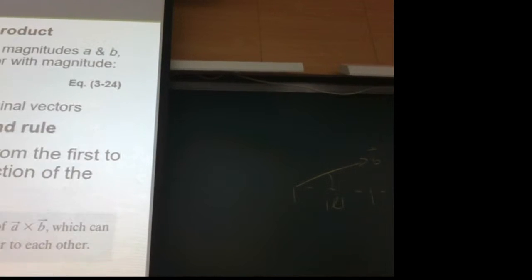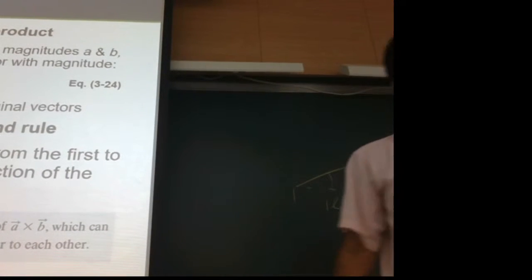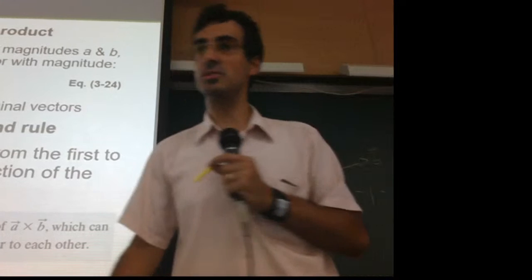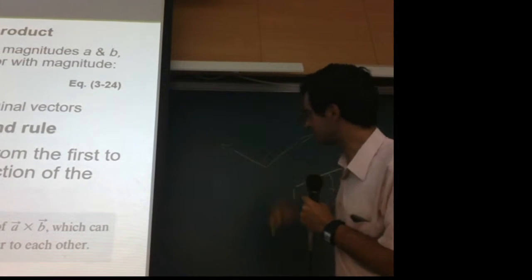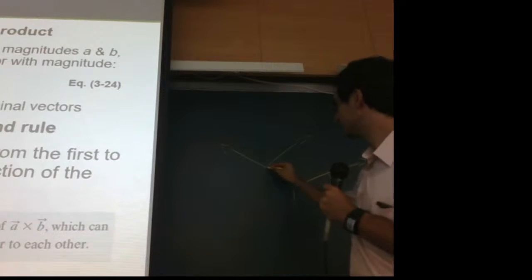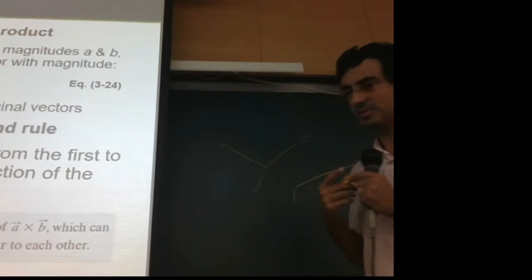Okay. And the third option of multiplying vectors is a vector product. A vector product means that we're taking two vectors and we're forming a third vector out of it. So in this case, out of the board.